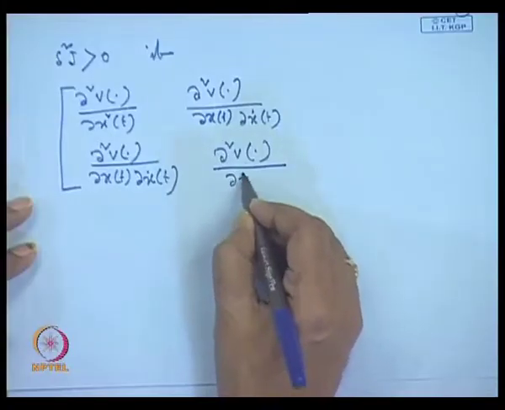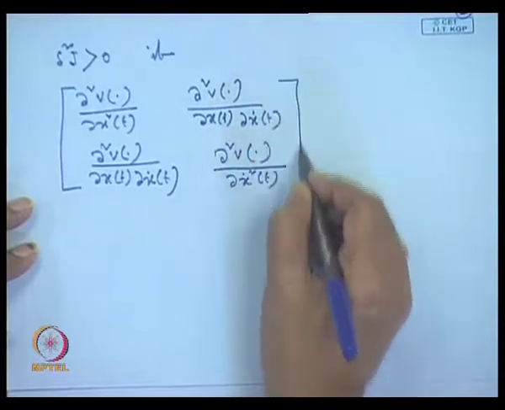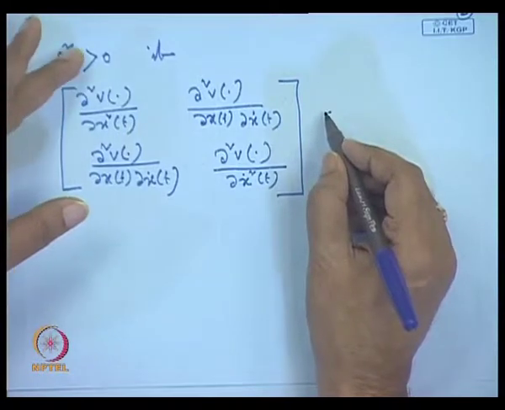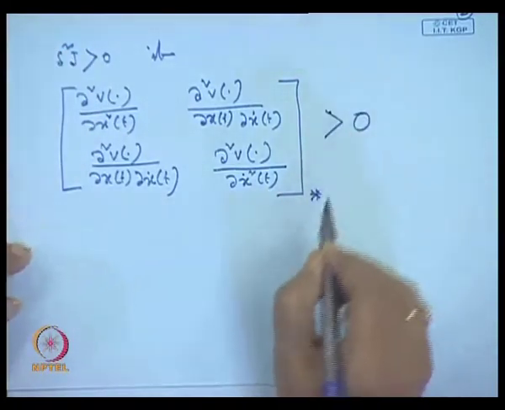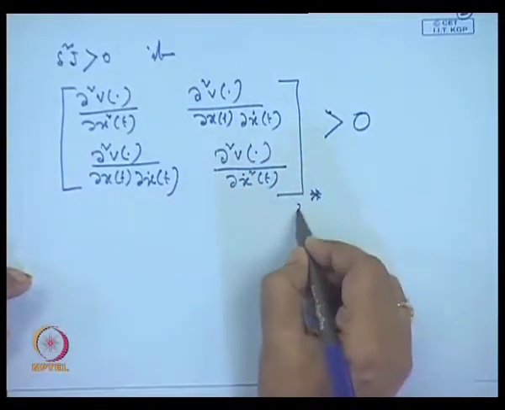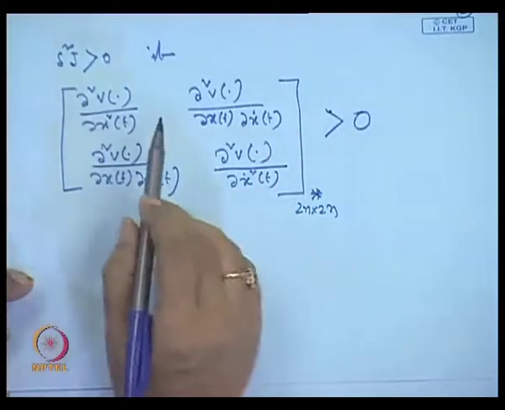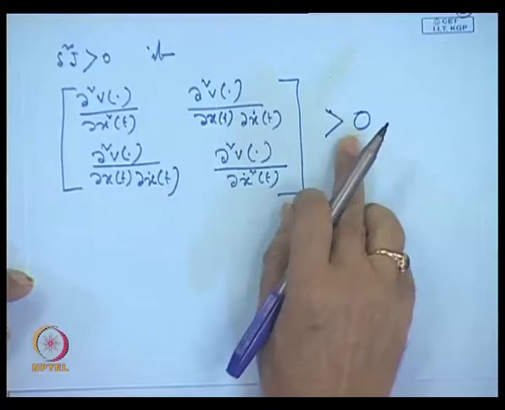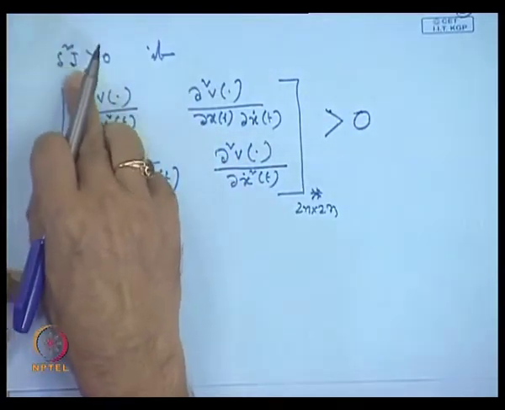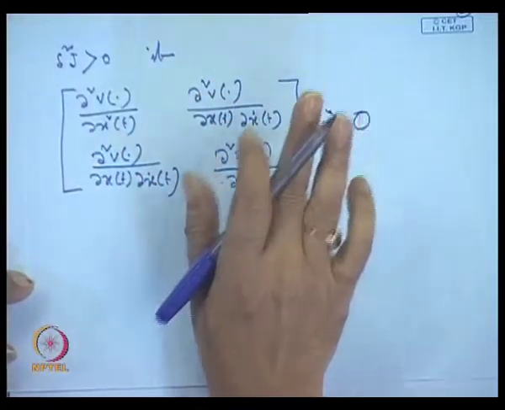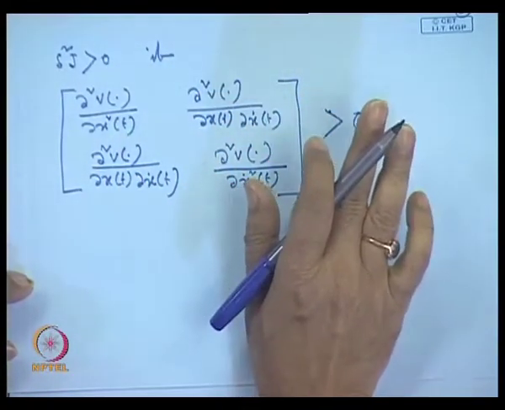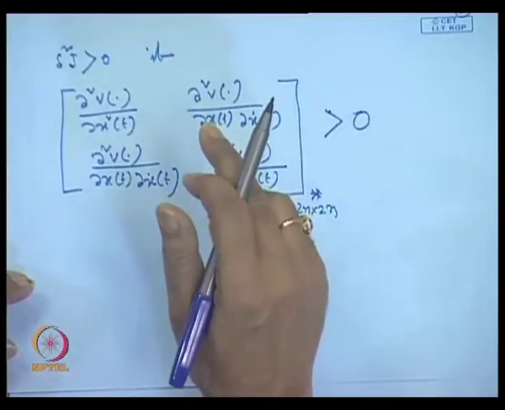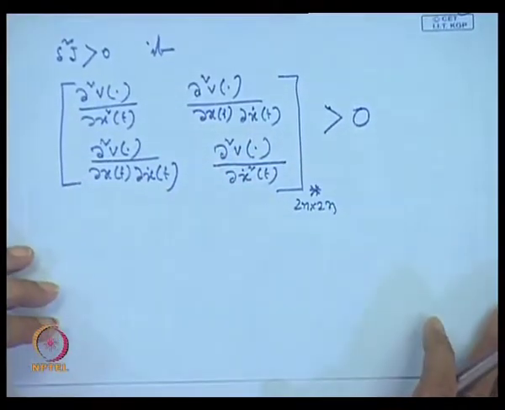So, compute this matrix along the trajectory, and if you want delta square j greater than 0, this must be greater than 0. We will check this matrix, whose dimension is 2n into 2n, where x has n variables. If this matrix is positive, it implies that delta square j is greater than 0. That means if we put this x star, the optimal trajectory, into the functional, we will get the minimum value of the functional.